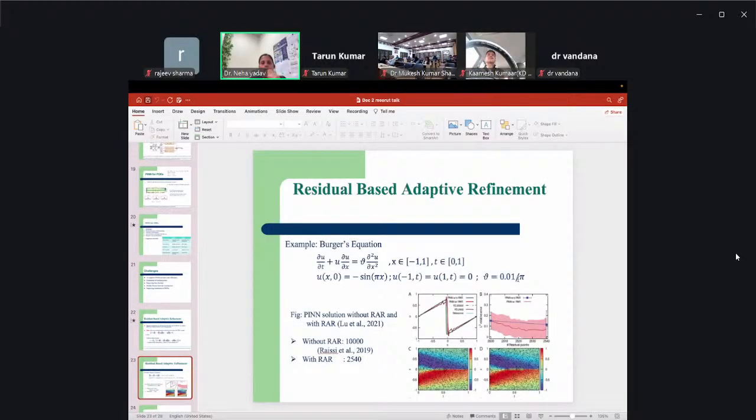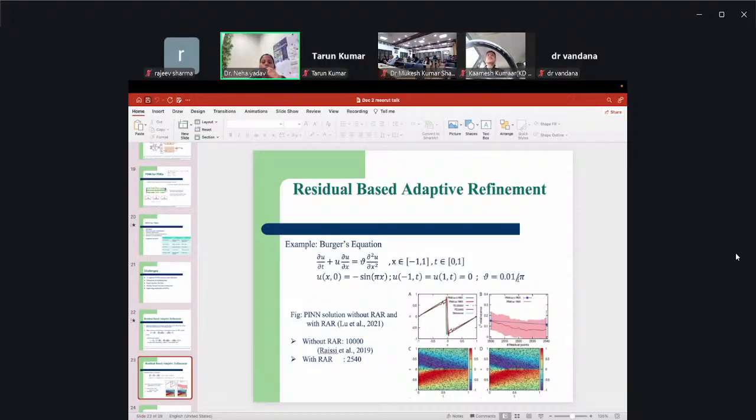We can see in this example where the Burgers equation is solved using the PINNs and the PINNs with residual based adaptive refinement. It can be seen visually that this Burgers equation has steep solutions at the point x equals 0.